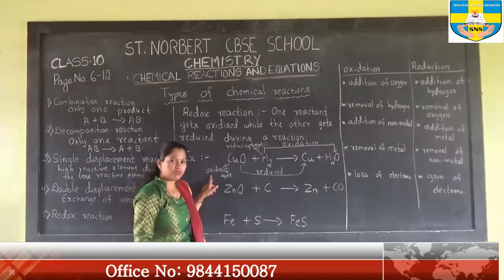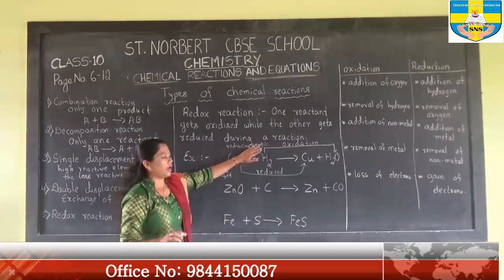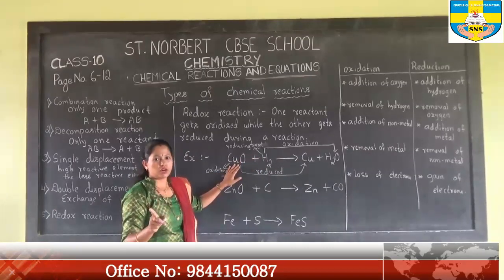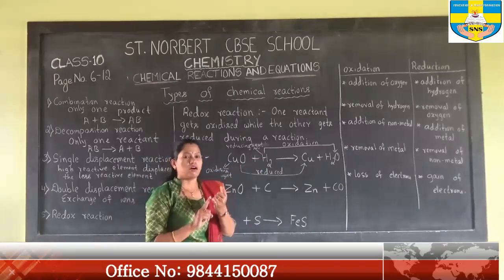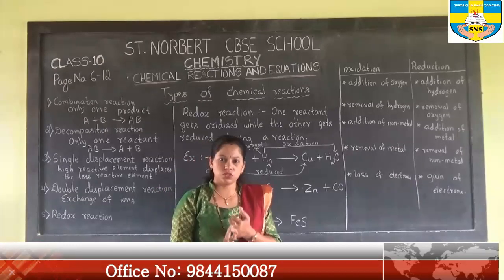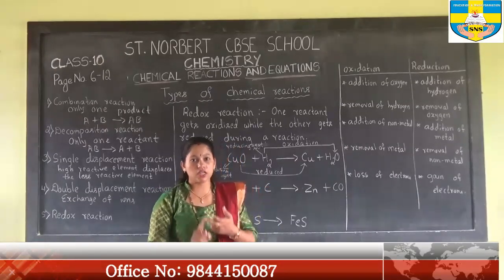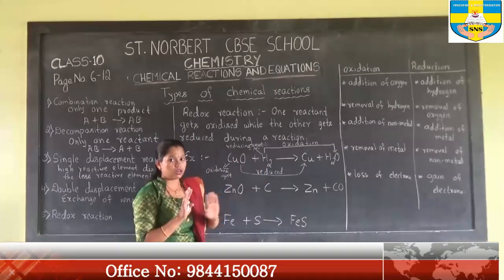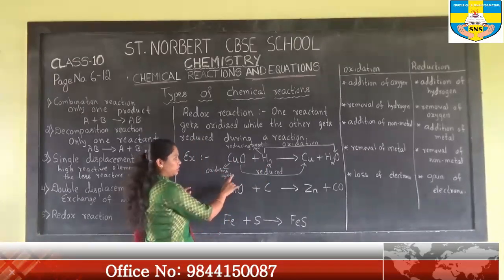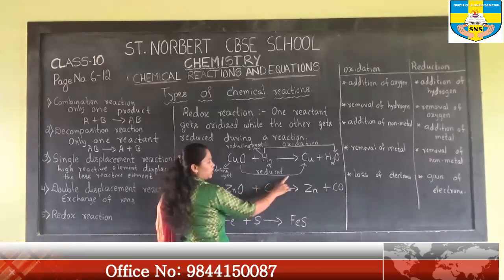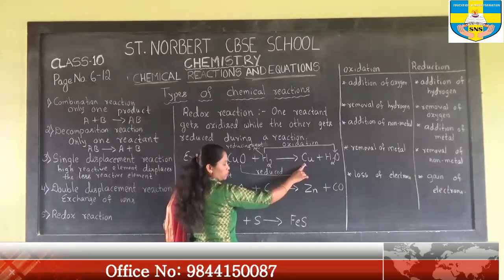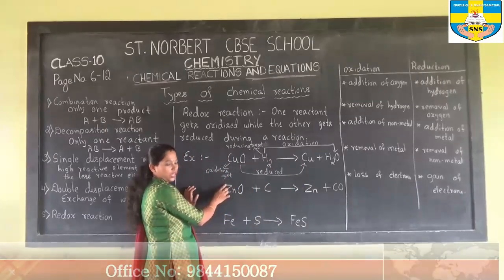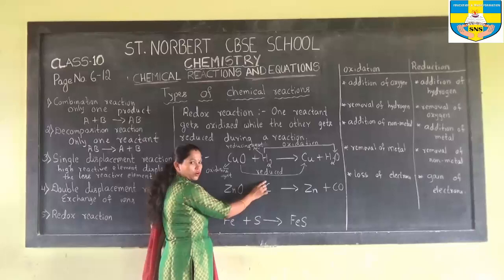So we have to identify the oxidized substance, reduced substance, oxidizing agent and reducing agent only in the reactant side, not in the product side. So in this reaction, CuO undergoes reduction and is reduced into Cu. CuO is an oxidizing agent. Which substance undergoes reduction?